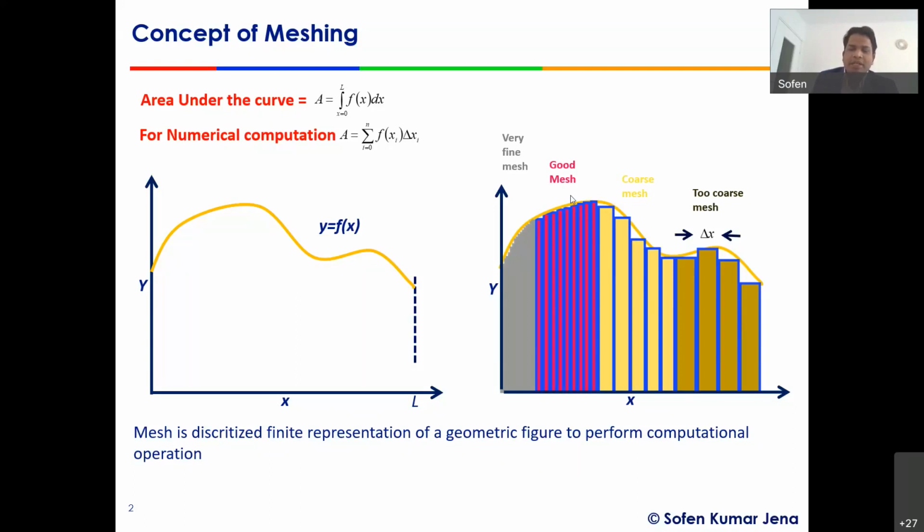Here in this method, it is not assumed that delta x tends to 0. It is assumed delta x is a small value. No matter how small it is, it has some finite volume or finite magnitude. That's why it is called the finite volume method, right?